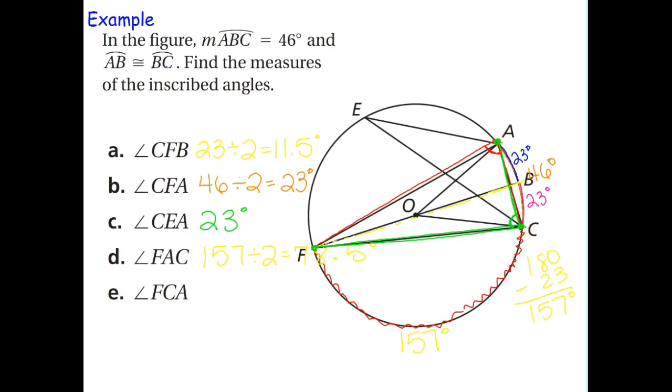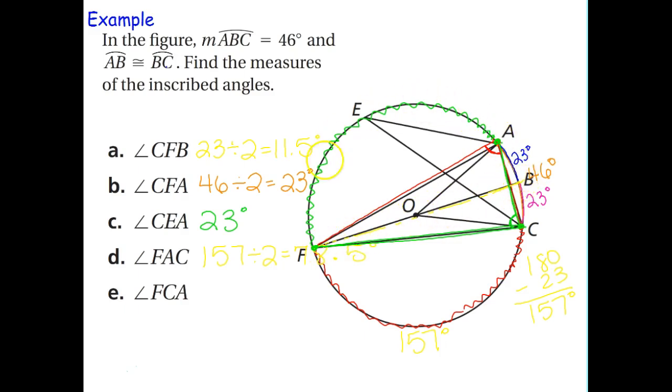In order to find the angle, we have to know what the intercepted arc is. Again, you go from the side to the side of the angle. You don't go from the vertex to the side, you go from the side to the side to find your intercepted arc. So here's your intercepted arc. This yellow line right here through the middle shows that this is a diameter.